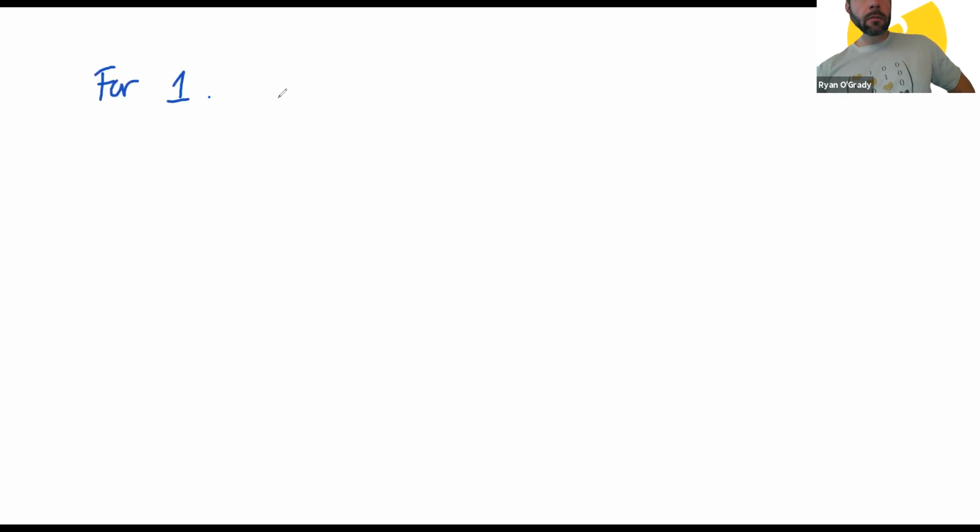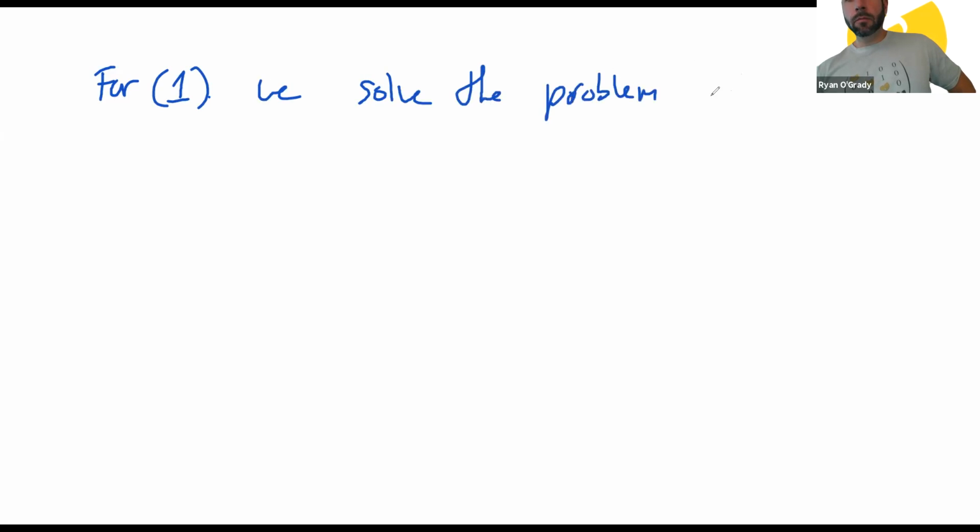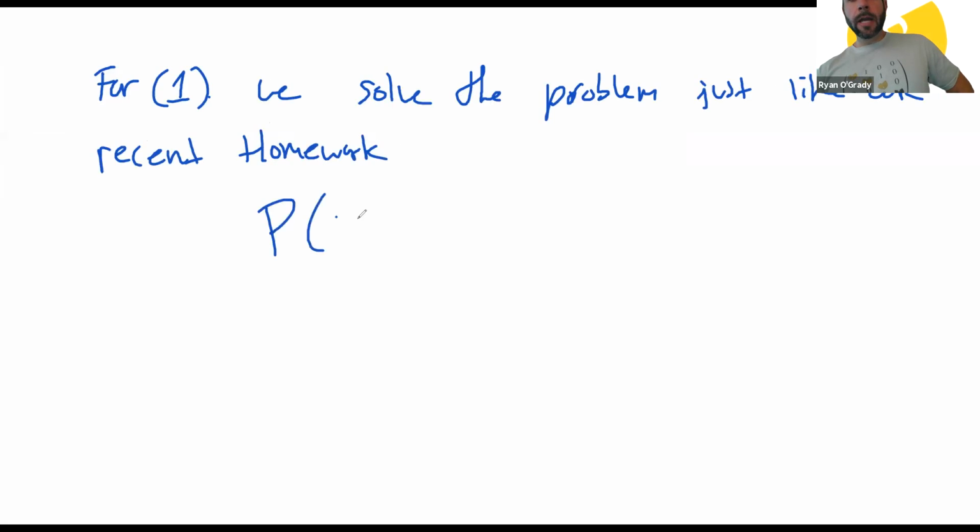For one, we solve the problem just like our recent homework. The probability that X is greater than, what did I say, 29.